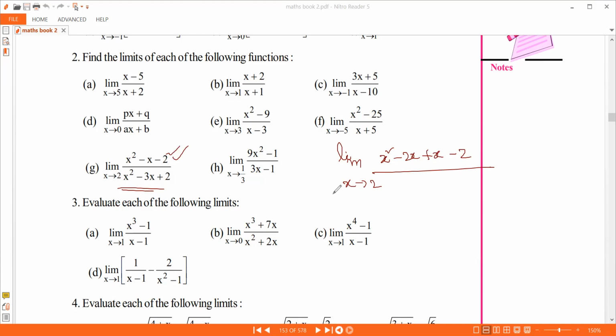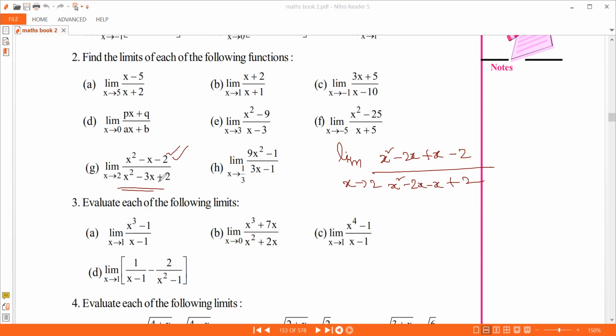The denominator will be x square minus 2x minus x, because minus 2 into minus 1 is plus 2, and 2x minus x is minus 3x. Now split it, 2x minus x plus 2. So minus 2 plus 2 gets cancelled.